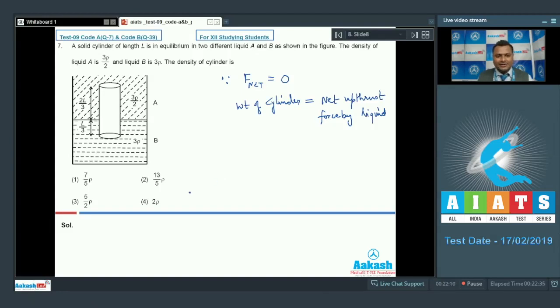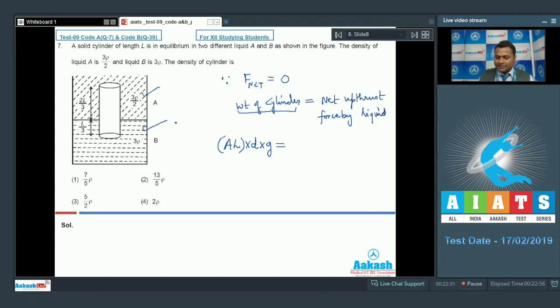Suppose the density of the cylinder is small d. Volume of the cylinder is given by area times length. So AL becomes the volume of the cylinder, d becomes the density of the cylinder. Volume times density becomes mass, multiplied by gravity. Now we have the full expression for weight equals net upthrust force by the liquid.